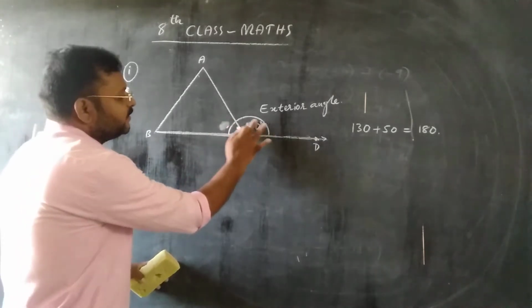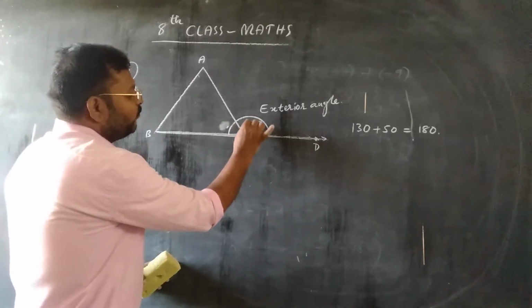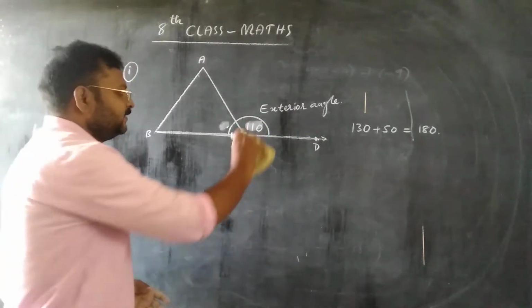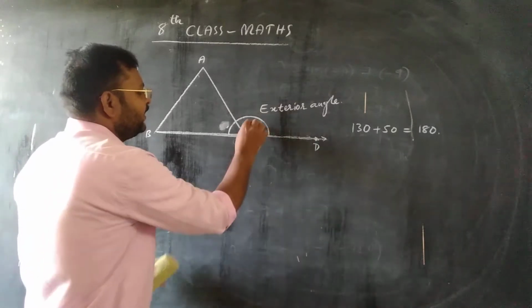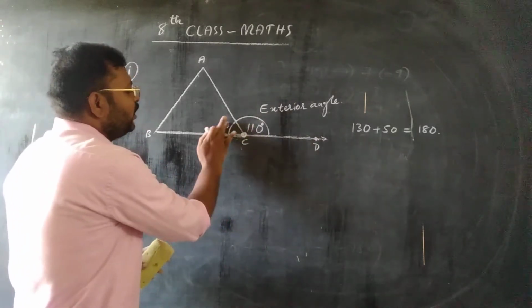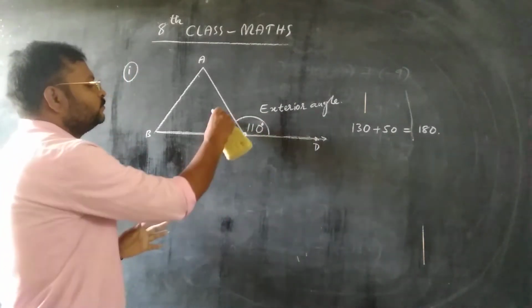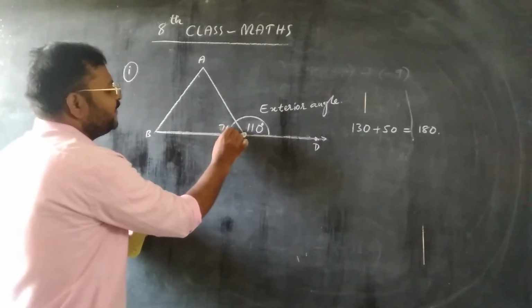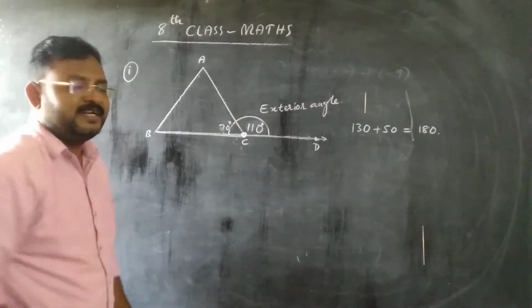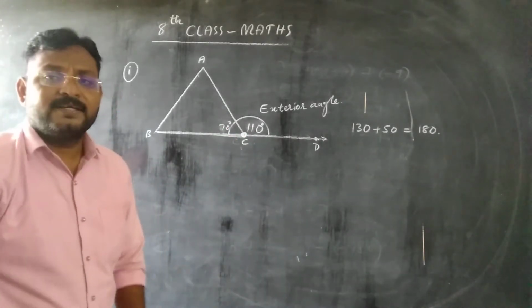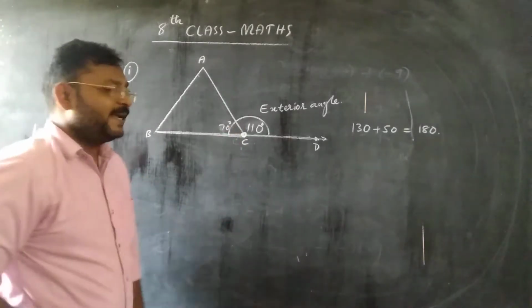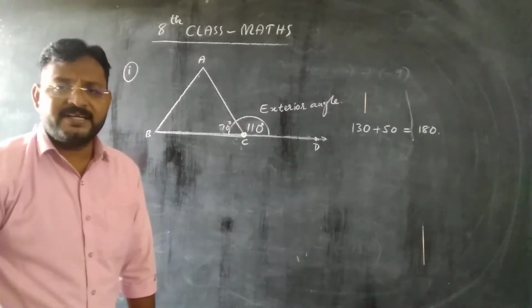If I write 110 degrees here, what would be the interior angle? Its interior angle will be 70 degrees. 110 plus 70 is 180 degrees. So remember everyone, the sum of linear pair angles is equal to 180 degrees.